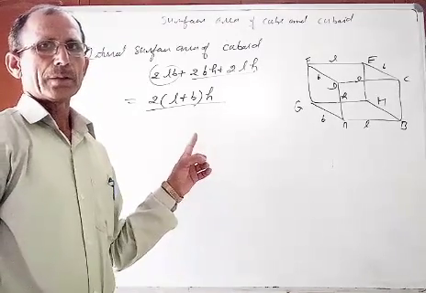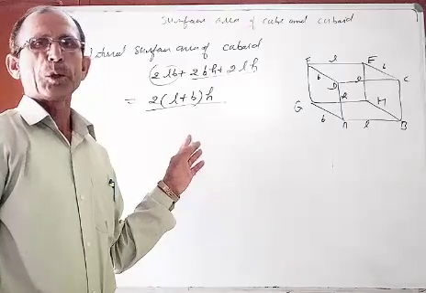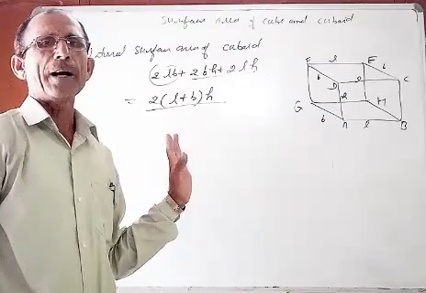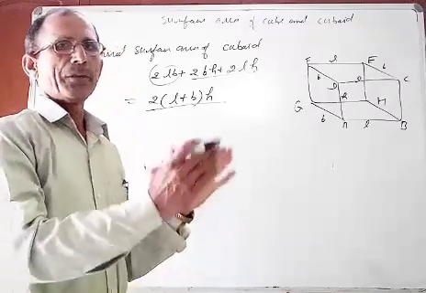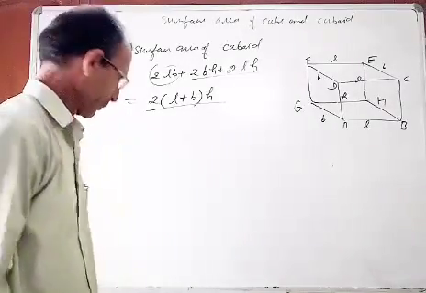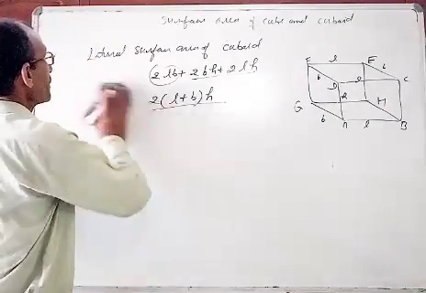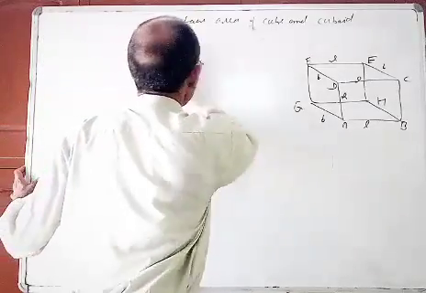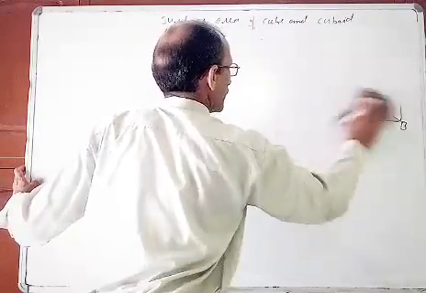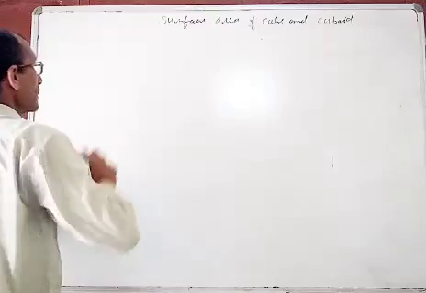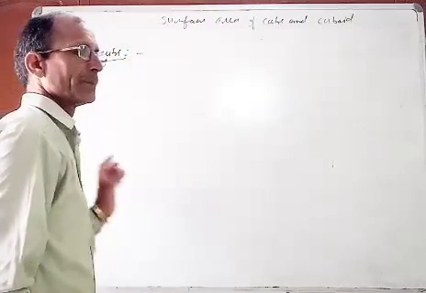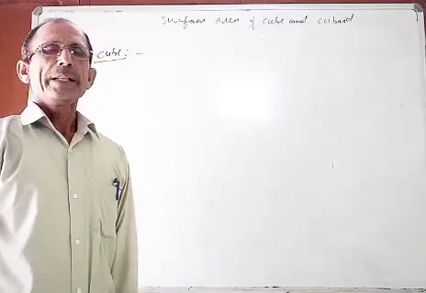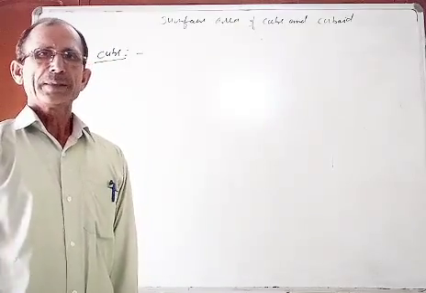So these are two formulae for finding the total surface area and lateral surface area of a cuboid. Now next point, cube. So what is a cube? In cube and cuboid, there is some difference.